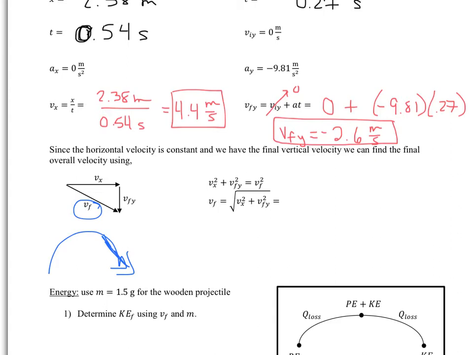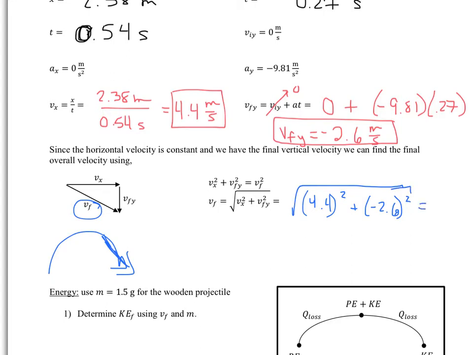So in order to find that, think about Vx as A, think about Vfy as B, and think about Vf as C. A, B, C of your triangle. Therefore, Vx squared plus Vfy squared equals the final velocity squared. So let's come up with a number for this when we solve for Vf. You're going to square both of your velocities from the last part, add them together and take the overall square root of that.